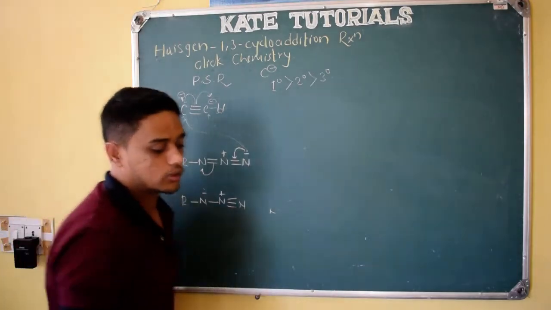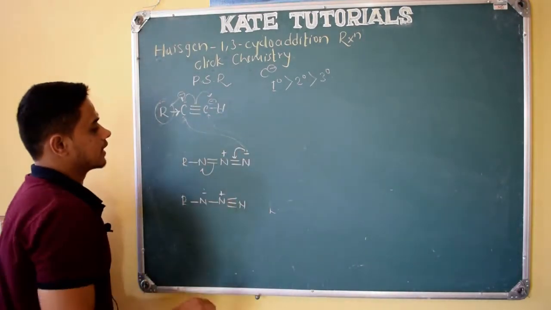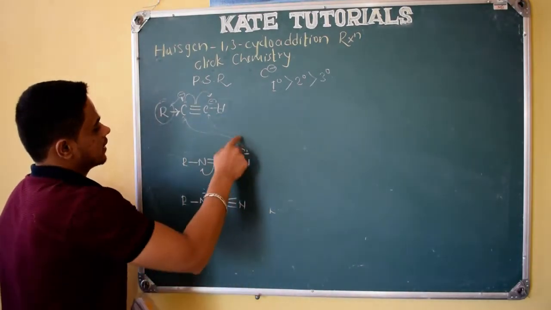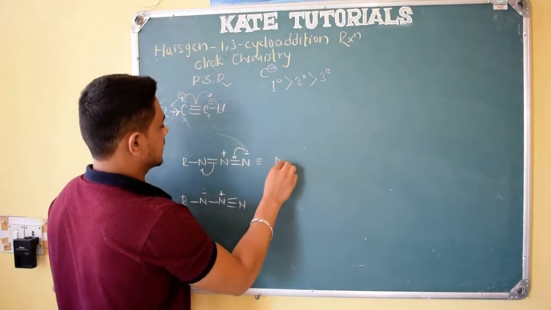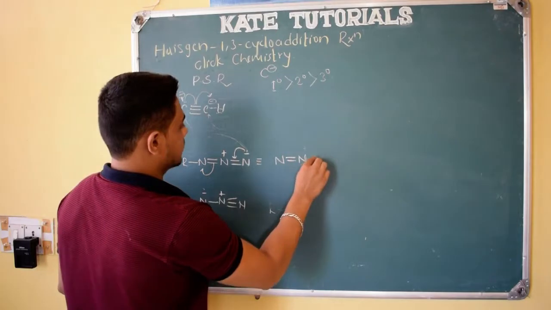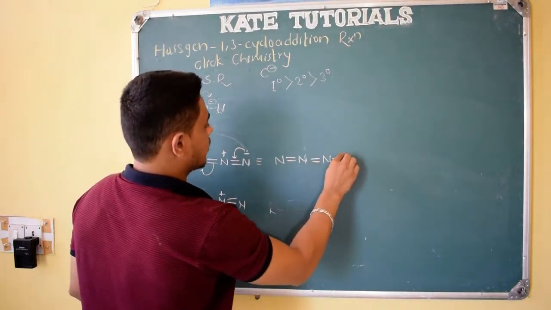So two regioisomers we will get. If it attacks like this, I can also draw the same structure. Let me draw it like this, because it becomes easier for me to explain further.